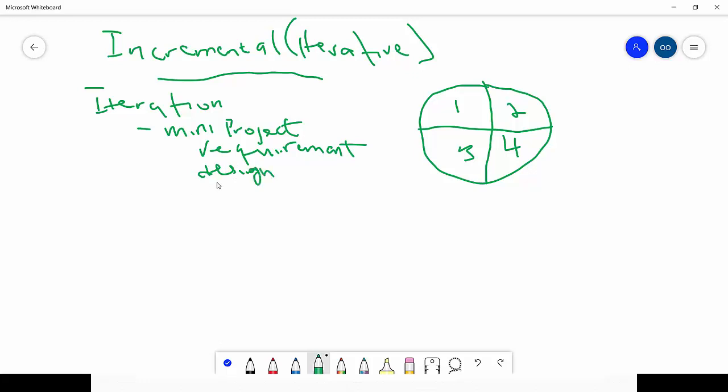We will code. We will test, and then we won't release, because releasing is releasing to our users, right? But what we do is we'll deliver this project internally.